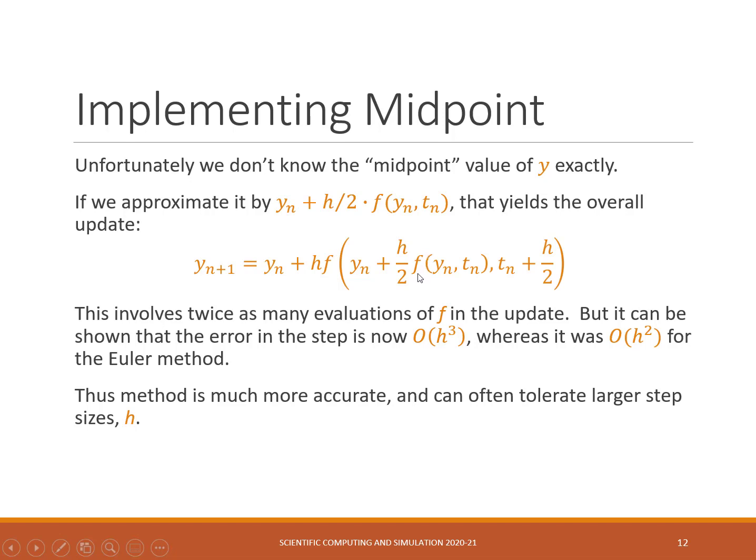However, it can be shown that the error rate of each step in this approach is O(h^3), whereas it was O(h^2) for the Euler method. It means that the error of the midpoint method generally decreases faster as h gets closer to 0.